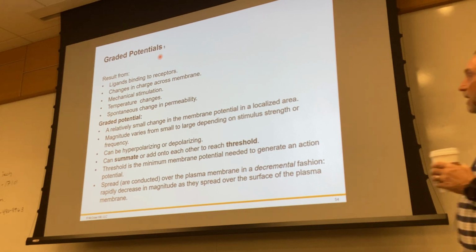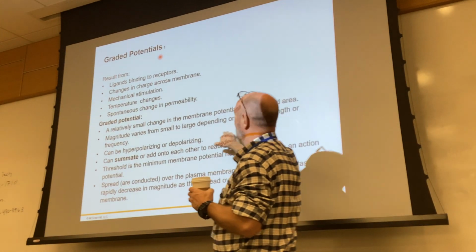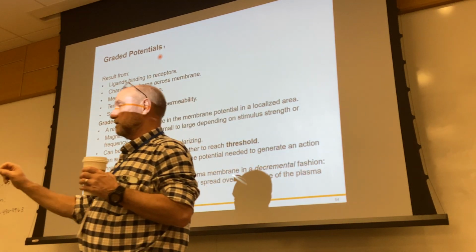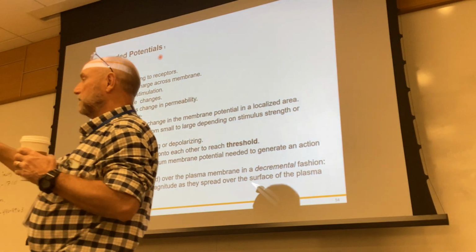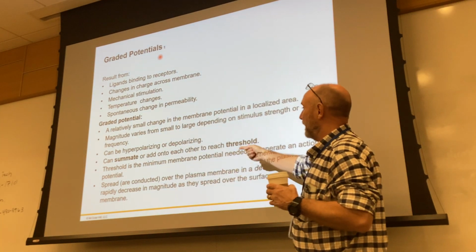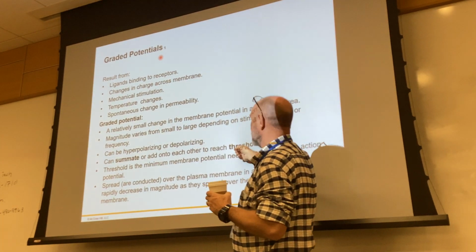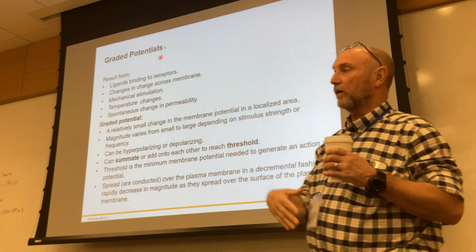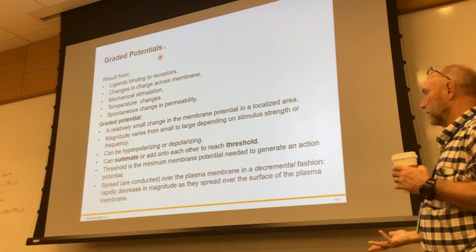If you have a number of small changes in the membrane, those small changes can sum, or add together, and result in reaching a threshold. If they reach that threshold, then the action potential gets propagated. If they don't reach a threshold, once again, it's ignored.